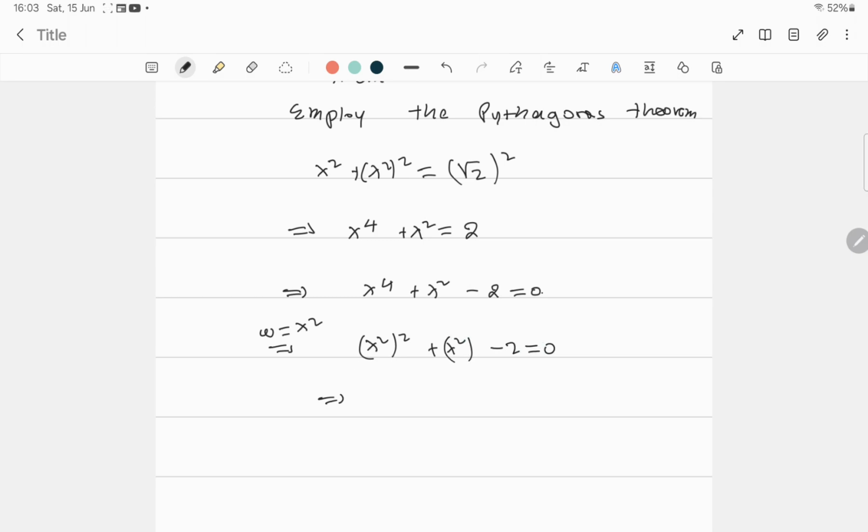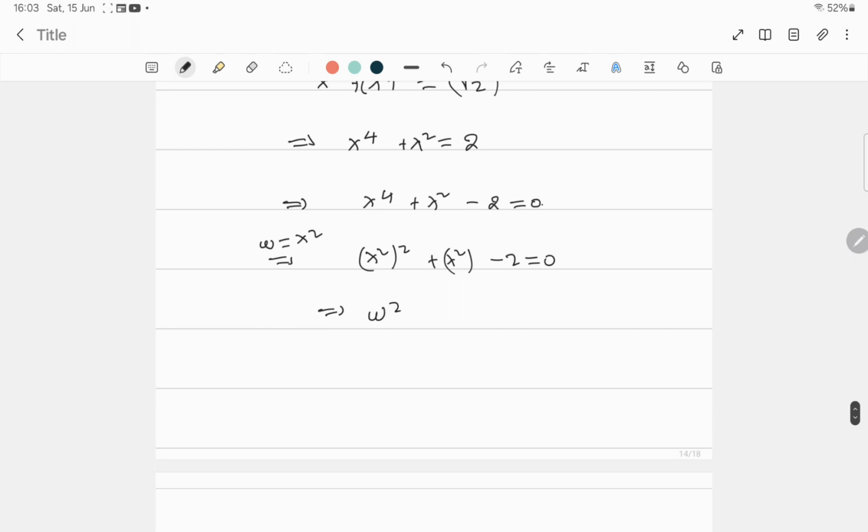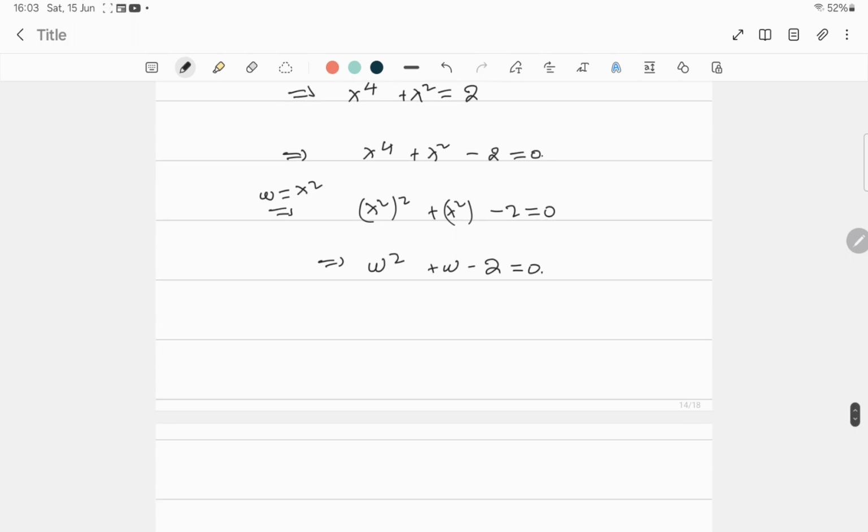and I recast the equation in the following form: omega squared plus omega minus 2 is equal to 0. This is a quadratic equation, a trinomial, so I find the discriminant is 1 squared minus 4 times 1 times minus 2, 1 plus 8. So the discriminant is positive.